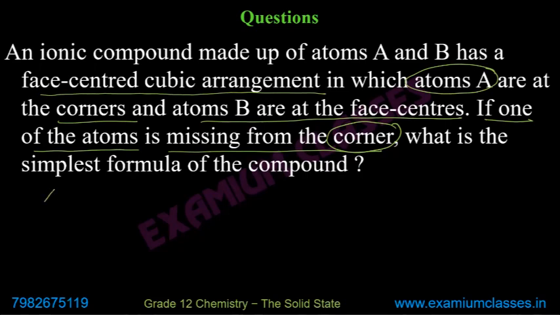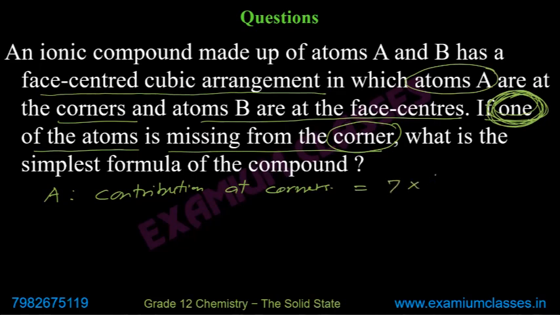Now again, for A, contribution at corners. And at corners, one atom out of 8 is missing. It means you won't write 8 into 1 by 8. You will write 7 into 1 by 8. Contribution by one corner is 1 by 8 atom, but there are only 7 corners on which atoms are present. So contribution will actually be 7 by 8.